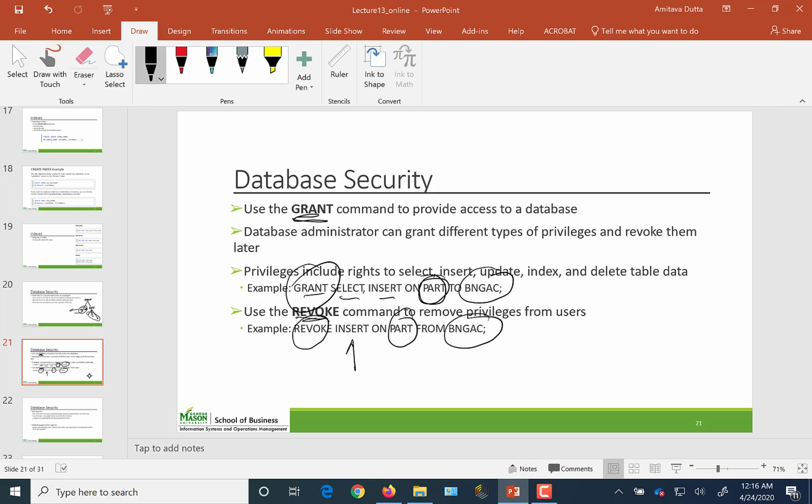So revoke and grant are two specific commands, and these are part of the repertoire of SQL commands that we did not cover in detail in class. We only did select, update, and insert for records in a database. But these are access privileges, and they're typically done through grant or revoke.